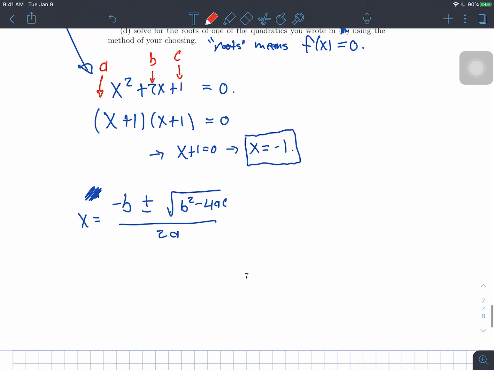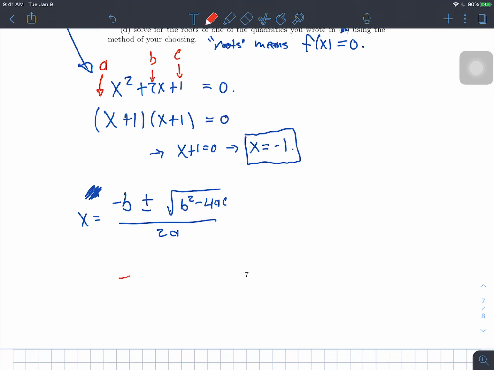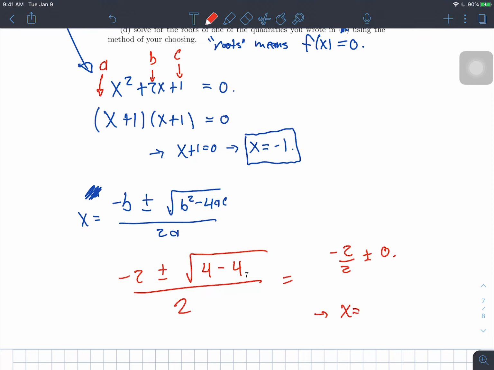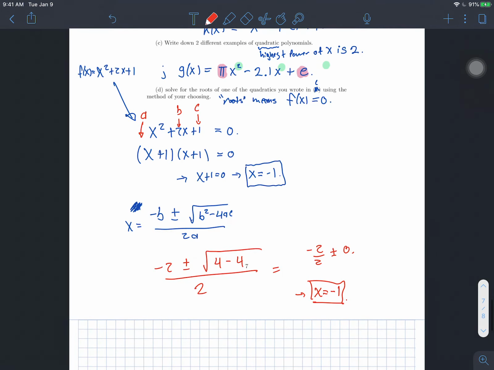So I get negative 2 plus or minus the square root of b squared, well that's 4, minus 4 times 1 times 1, that's 4, divided by 2 times a, well 2 times a is just 2. So I get negative 2 over 2 plus or minus 0, meaning that x equals negative 1 is my only root in this case.